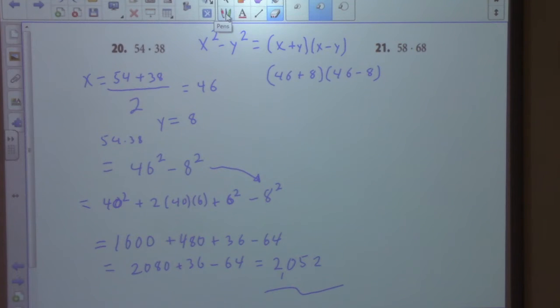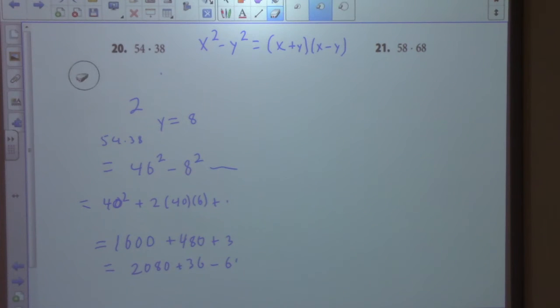I think I did problem 21 in the video. I'm going to leave room here. Plus. So x equals 63.